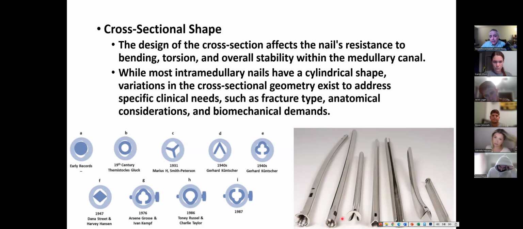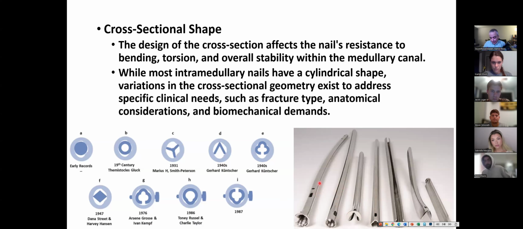They are all cannulated, they are empty inside, and some of them are straight. Some of them, like this one, have the same shape. These are called clover leaf nails. The cross section is like a clover leaf. Some of them are circular.